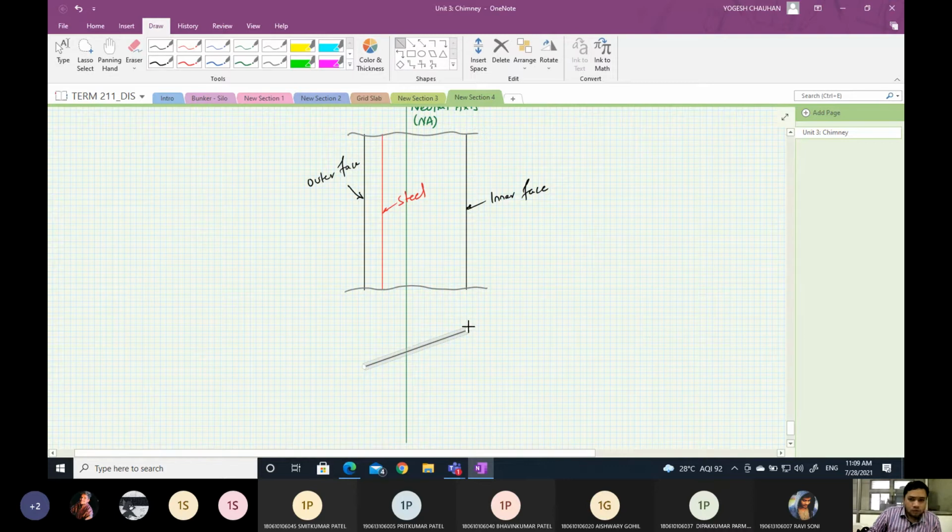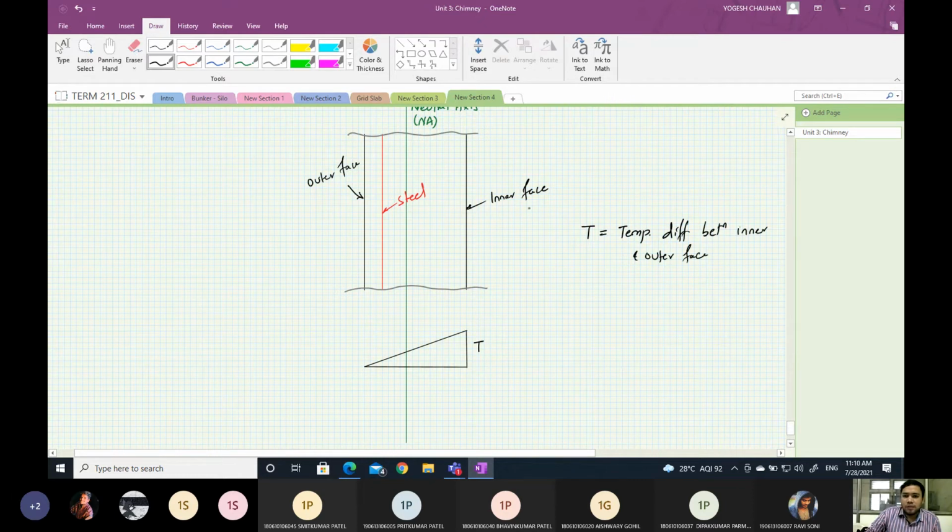So if T is the temperature difference between inner and outer face.